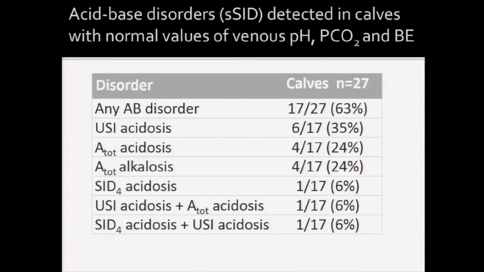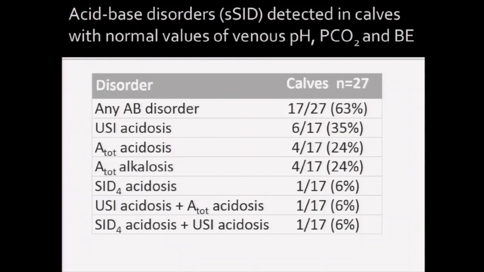So in this slide, Diego tried to highlight the 27 calves that had normal levels of venous pH, PCO2, and base excess. So really by the Henderson-Hasselbalch equation and also by the base excess, they would be considered to be totally normal. And if you look at using the physicochemical approach, they found an acid-base disorder in about 63% of the calves.